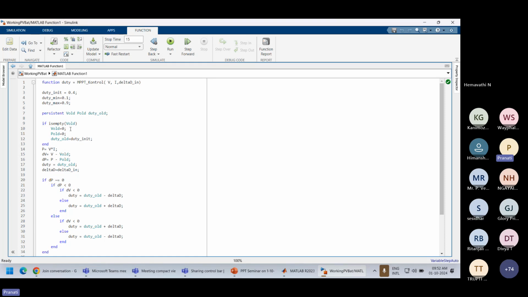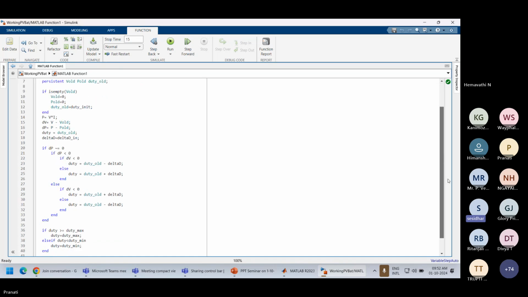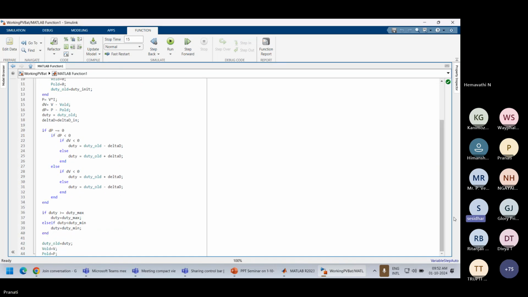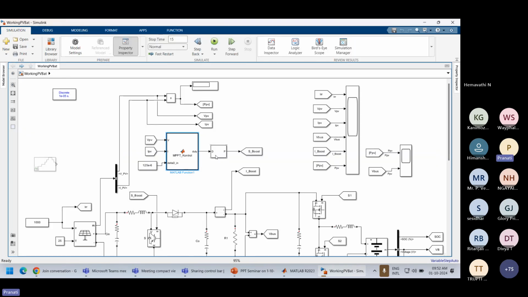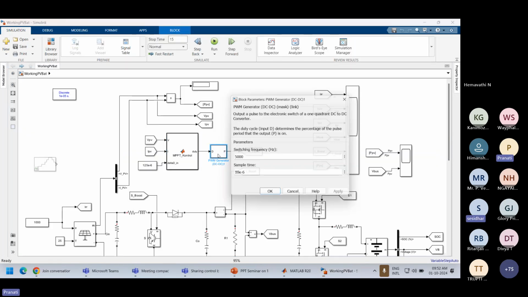Then these are all the MPPT algorithm. Power is voltage multiplied by current. The dV and dP are represented, duty is represented, then the if else loop. If dV is less than 0, then duty is duty old plus delta D. Otherwise, duty equals duty old minus delta D. Then the previous values are stored, and this passes through a PWM generator.